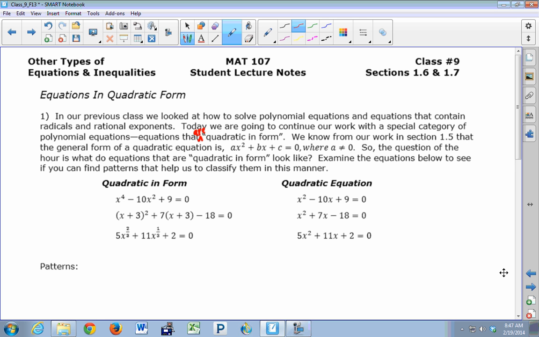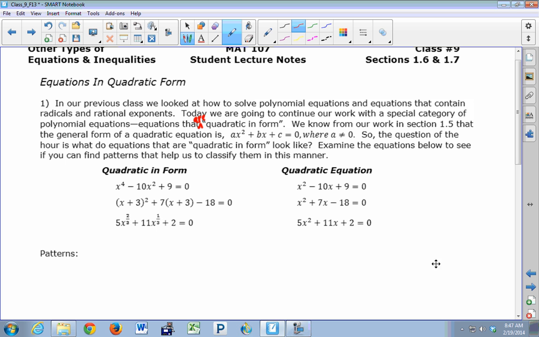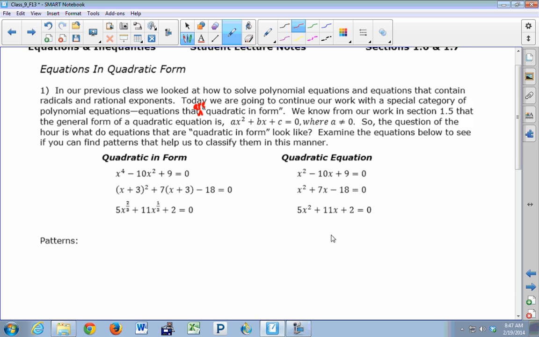So the question of the hour is, what do equations that are quadratic in form look like? Examine the equations to see if you can find patterns. What I've done is put the quadratic equations on the right side, and equations, believe it or not, that are almost exactly the same on the left side.